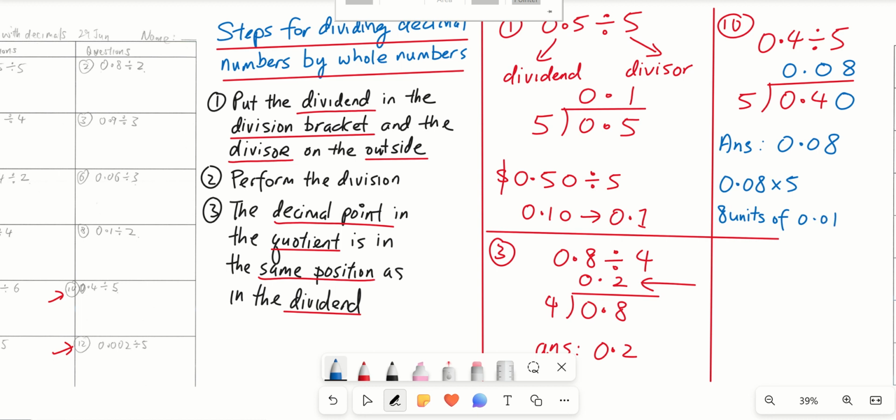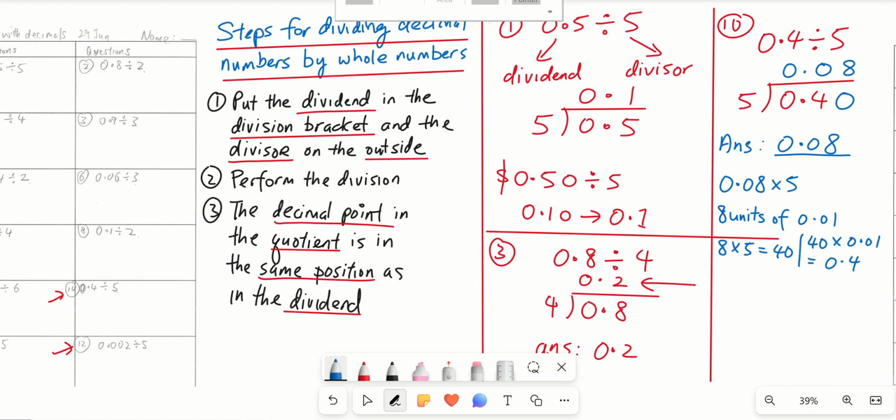If I multiply 8 by 5, that gives me 40. And so I have 40 units of 0.01. So 40 times 0.01 gives me back 0.4. So it all checks out. The answer is indeed 0.08.